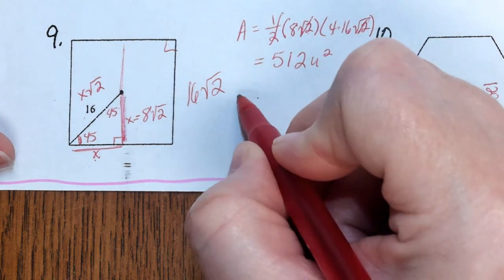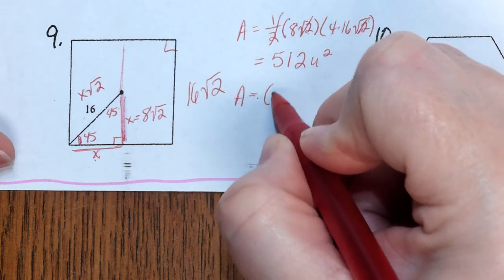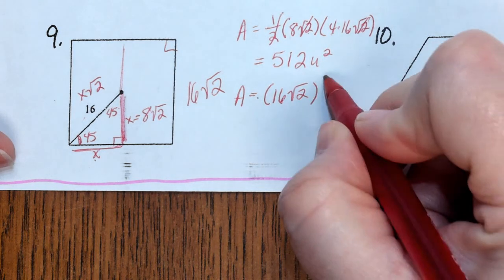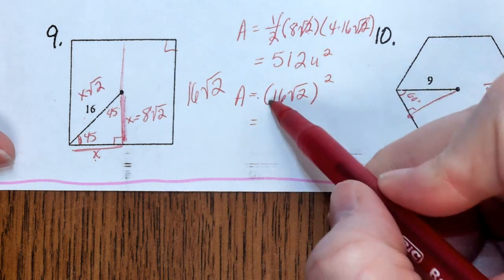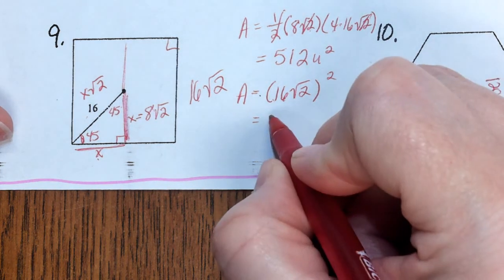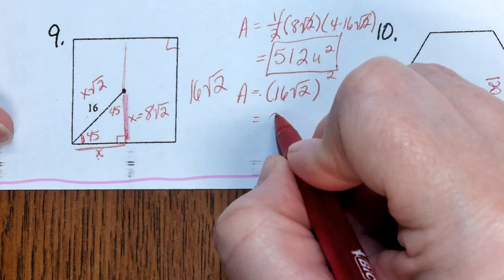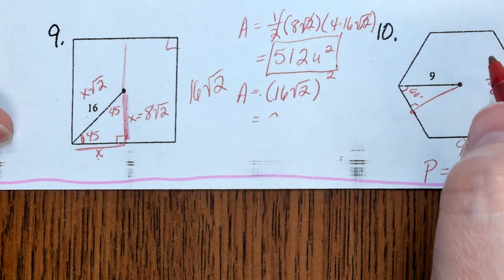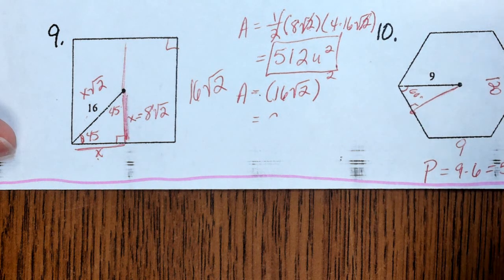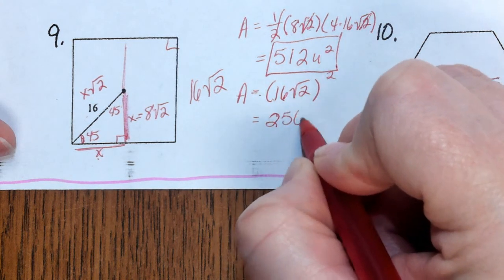But just so you see it both ways, you don't have to do it both ways ever. If it's side squared, and we just figured out the side was 16 square root of 2, if I square that, what's 16 squared? 256.